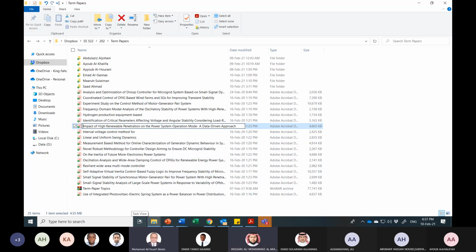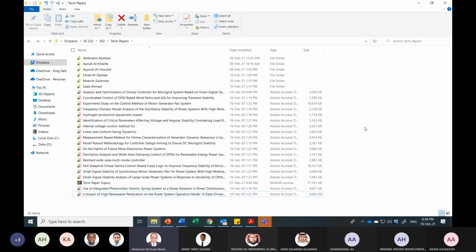Impact of high renewable penetration on the power system operation mode, a data-driven approach. Okay, yes. This is already done, but you have to send it to me. I did.